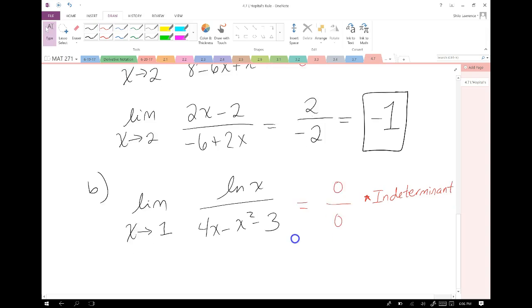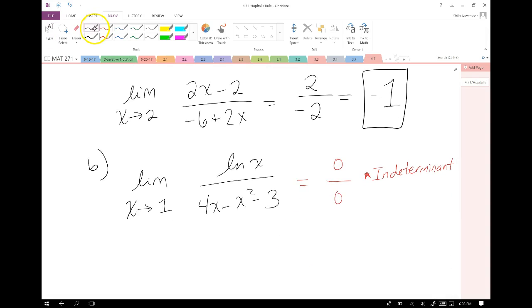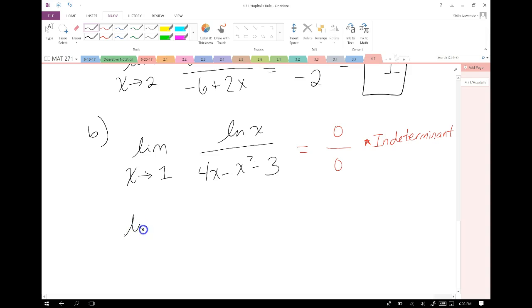So L'Hopital's rule says we can take the derivative of each piece and try again. So the limit as x approaches 1. Well, the derivative for the natural log of x is 1 over x. And the derivative for 4x minus x squared minus 3 is 4 minus 2x. Now if we plug 1 in, 1 over 1 is 1, and 4 minus 2 times 1 is 4 minus 2, which is 2.